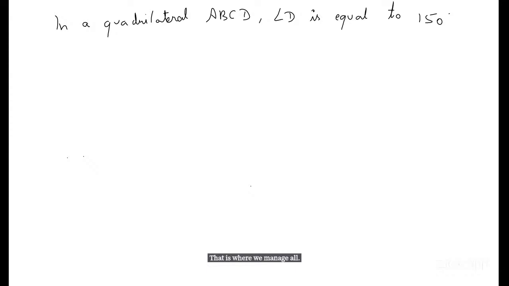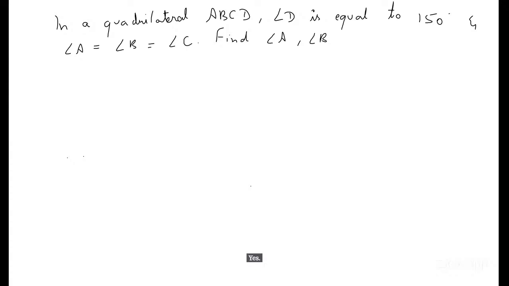Okay. So in a quadrilateral ABCD, angle D equals 150 degrees and angle A equals angle B equals angle C. Find angles A, B, and C. Ma'am, is it 70 degrees?